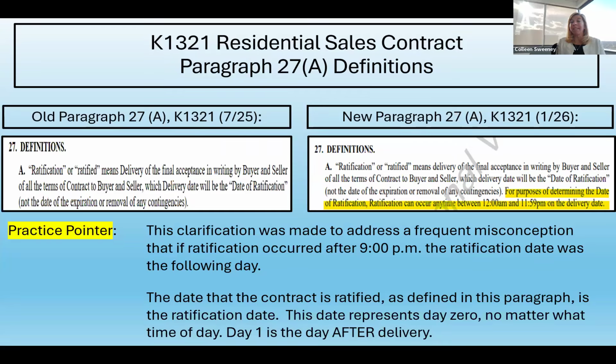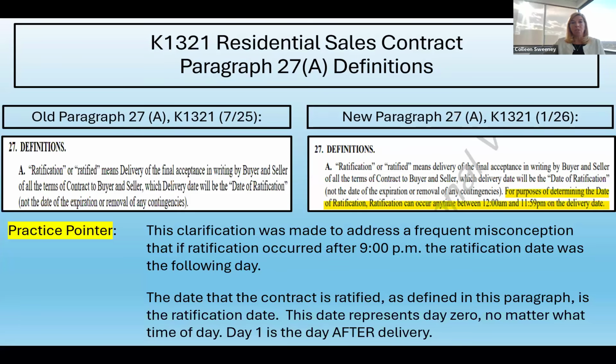This date represents day 0, no matter what time of day it was ratified. Day 1 is the day after the delivery, okay? So this is important, obviously, in counting days for contingencies, all sorts of things, but just a clarification because it happens so often that people were confused if it happened after 9 o'clock that wasn't the date of ratification.